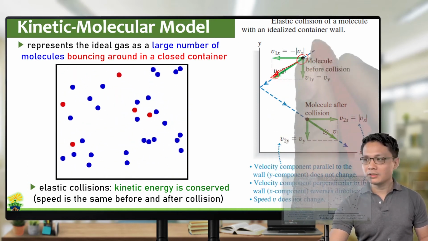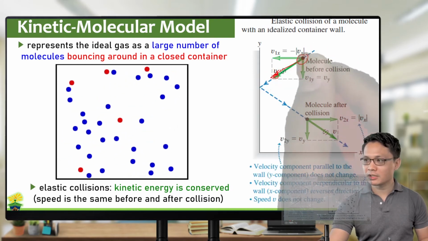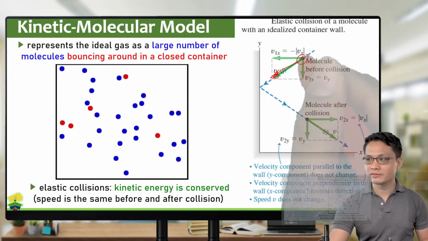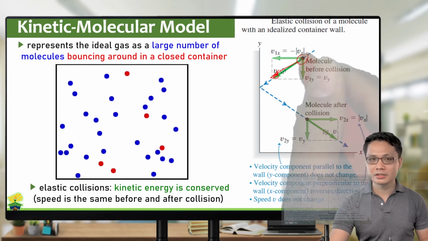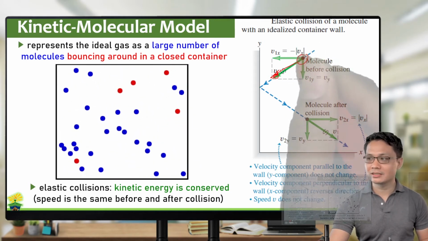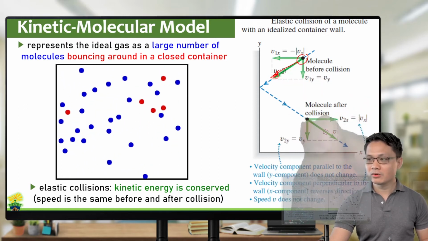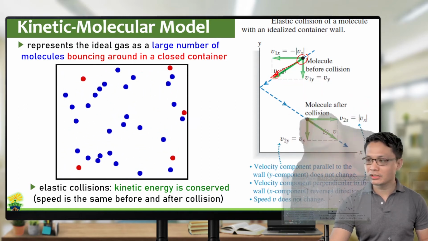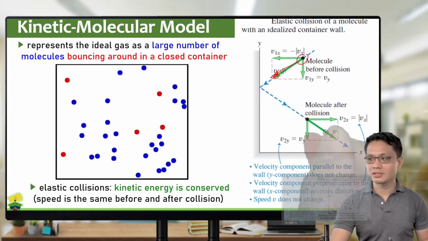And in this illustration, in this particular example, the direction of the motion of the particle is slanted downward. Then of course we know that the velocity component along the vertical axis would just be the same, that is downward.